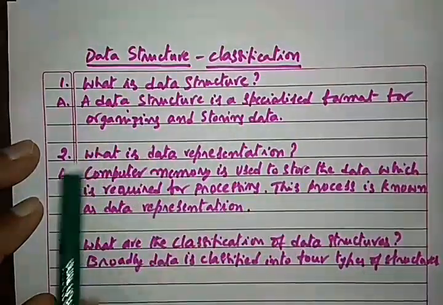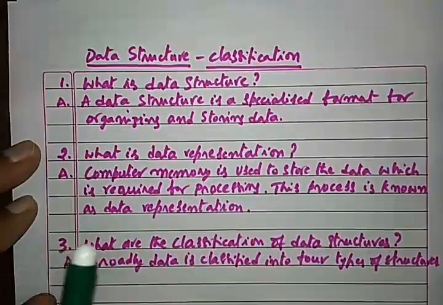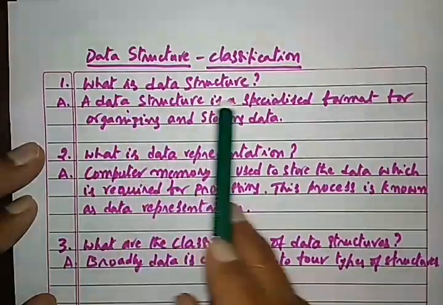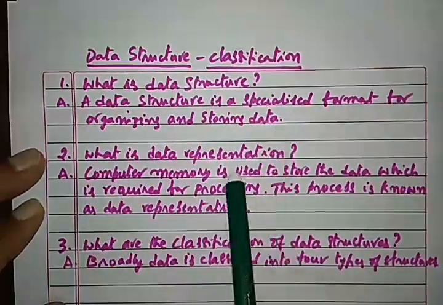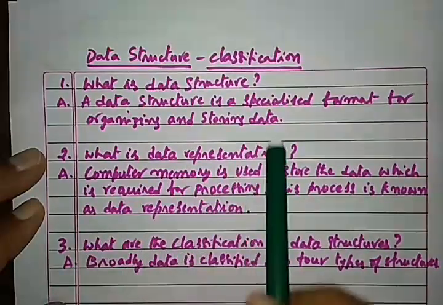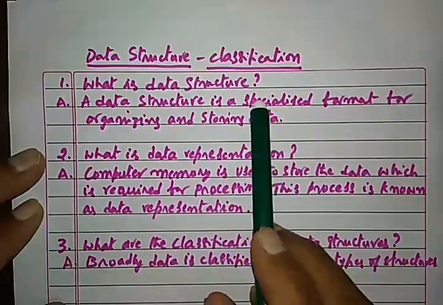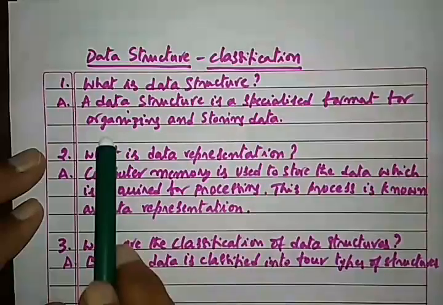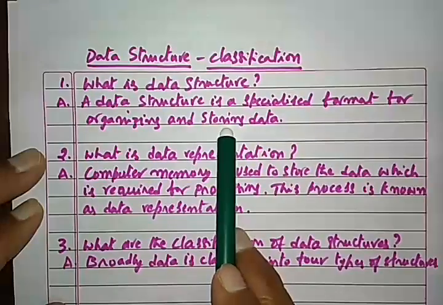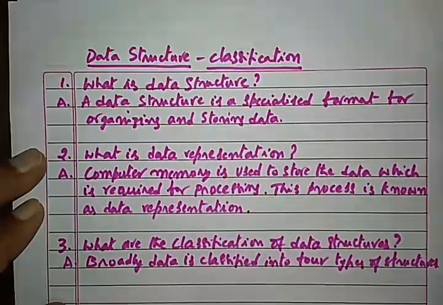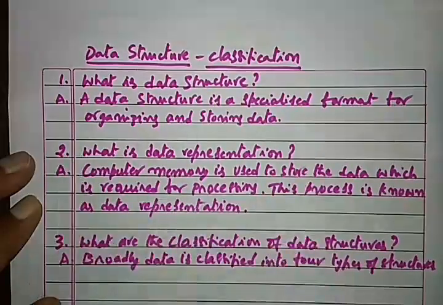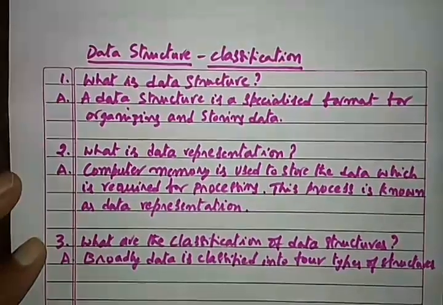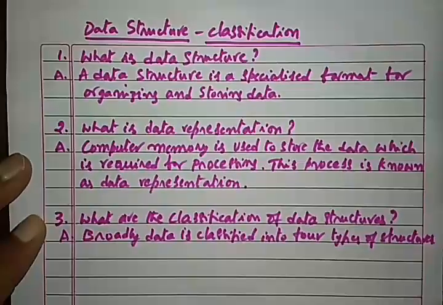So this definition you should reproduce as it is in the exam: a data structure is a specialized format for organizing and storing data. In the examination, for all these words, specialized, format, organizing, storing data, it will carry some marks. So you should not write in your own sentence. These things, as far as possible, you should write as it is.